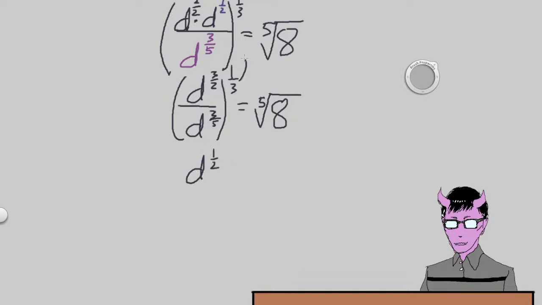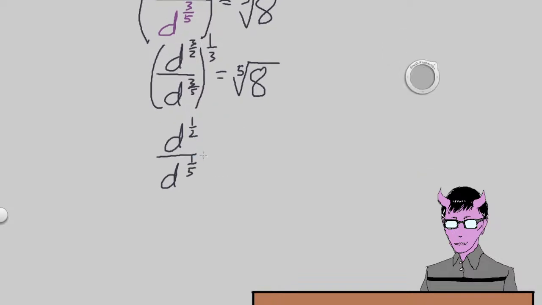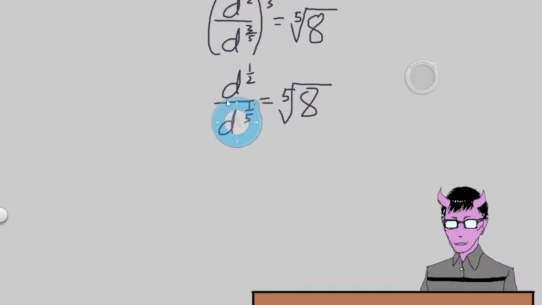So first distribution, this one to this one. And then second distribution of exponents, this one to that one. So it just becomes 1/5. So just be flexible, whatever works better for your brain, quite honestly. There we go. And then this one, we're going to do subtractive property of exponents since we have division.